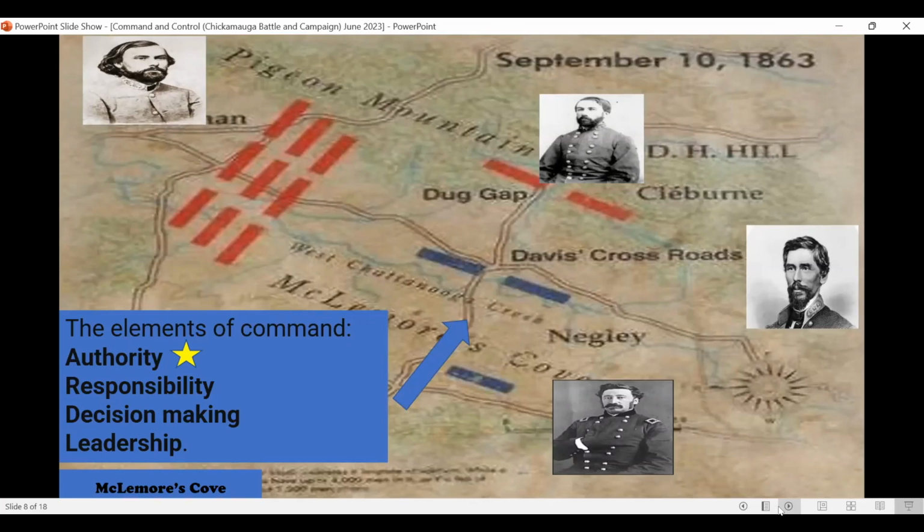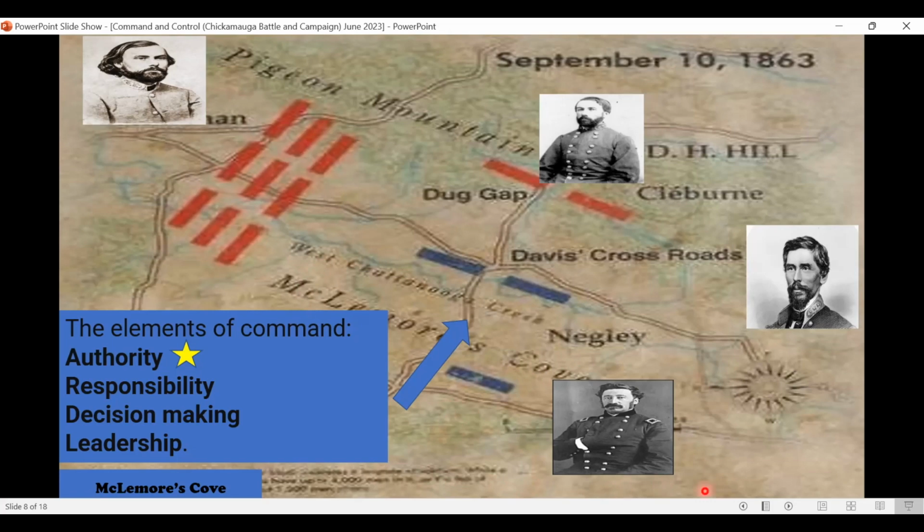By September 10th, the bulk of Bragg's forces were around Lee and Gordon's Mills, just south of the battlefield. Bragg had received information that a Union force had descended the eastern face of Lookout Mountain to the valley known as McLemore's Cove, which is what we're seeing here. And this is Lookout Mountain in this direction back here.